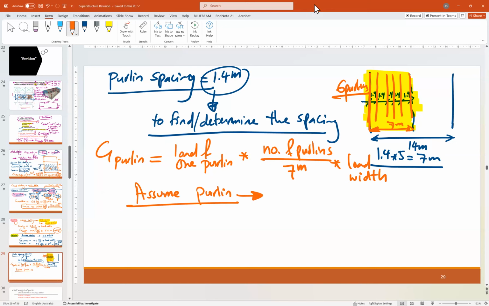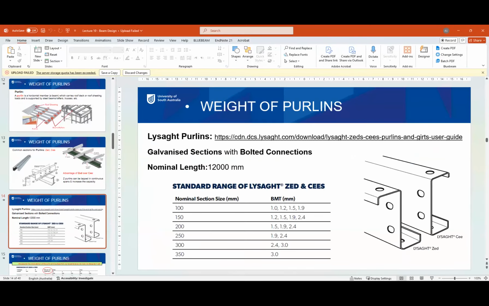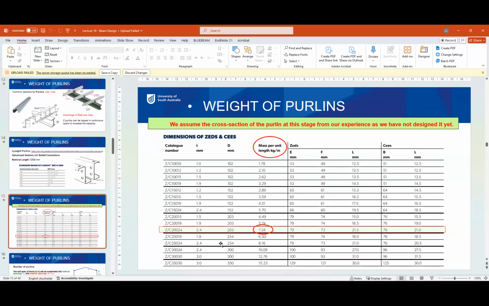Let's assume it from the example here: Z 200 or C 224. The mass is 7.24.